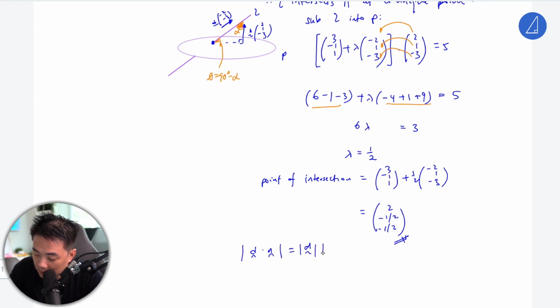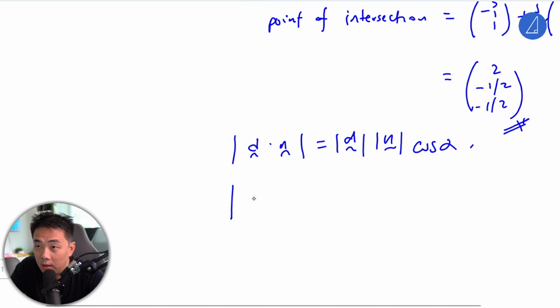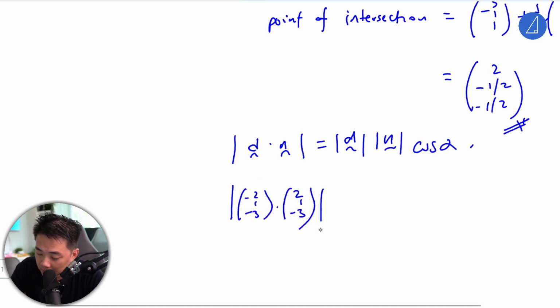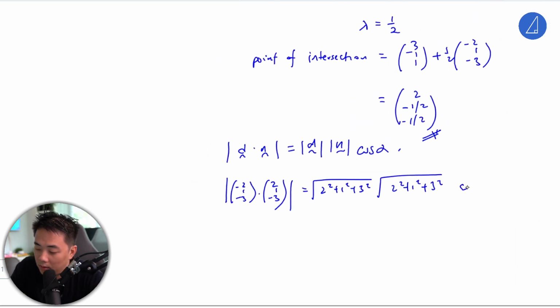Mod d, mod n, cosine alpha. So I'm just going to dot them. Minus 2, 1, minus 3 dot with 2, 1, minus 3 equals square root of 2 squared plus 1 squared plus 3 squared, times square root of 2 squared plus 1 squared plus 3 squared, times cosine alpha.